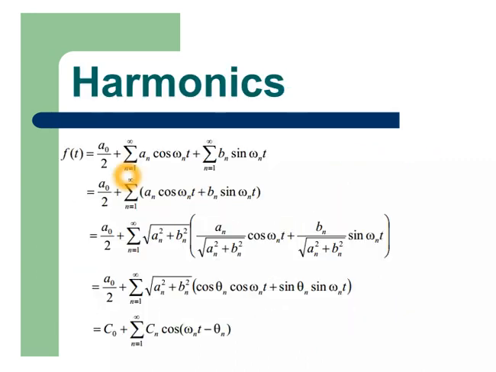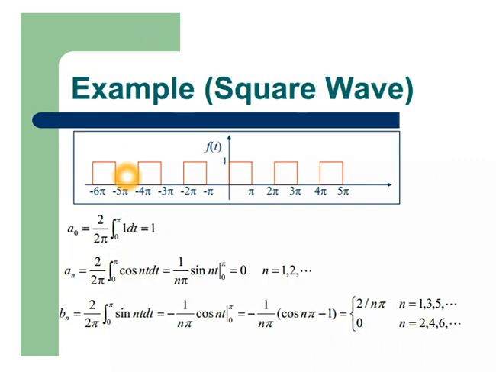In the case of a square wave, we recreated a square wave, and we calculated the coefficients a0, an, and bn. In this case the coefficient of the cosine function is 0, and only the coefficient of the sine function is available.